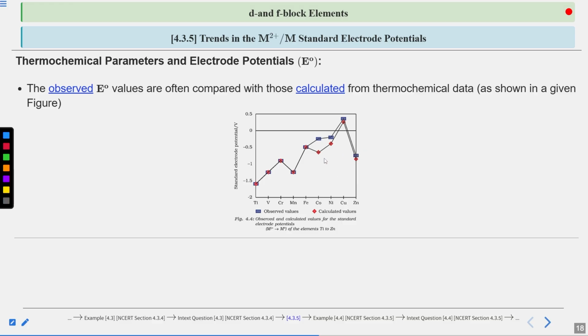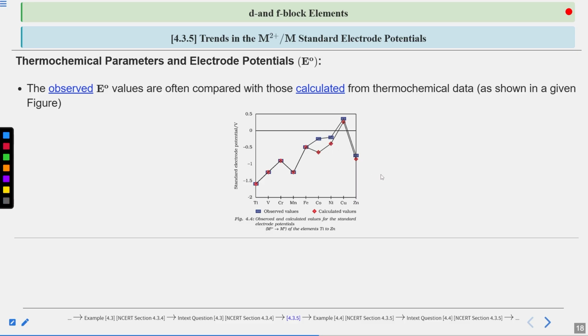Similarly, if you observe, we have cobalt and zinc. The calculated values are lesser, and also nickel is lesser than the observed values. For nickel and zinc, you can observe that the calculated value is more negative for the standard electrode potential than the observed value. Why is it so?